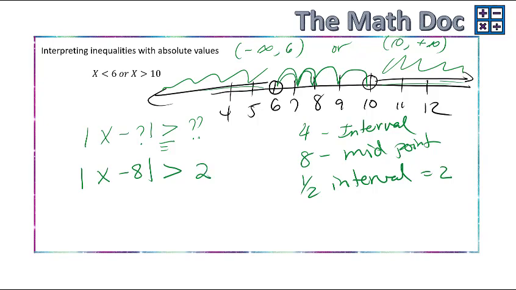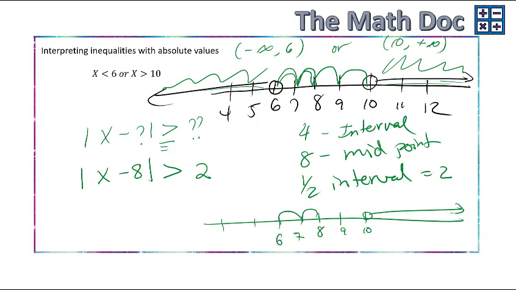Okay, let's look at that on a new number line. We have our midpoint at 8, and we're looking at x's that are either larger than 8 by 2, so they start at 10 here, or less than 8, but their distance from 8 has to still be larger than 2. So we're looking at starting from 6 and going down to negative infinity.